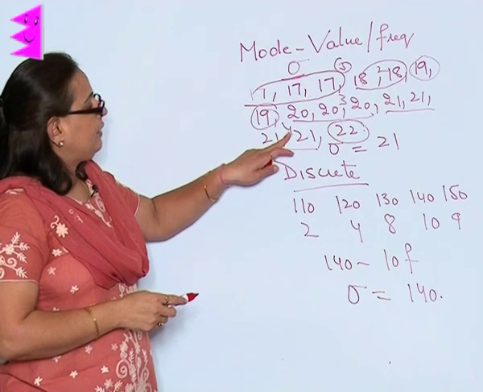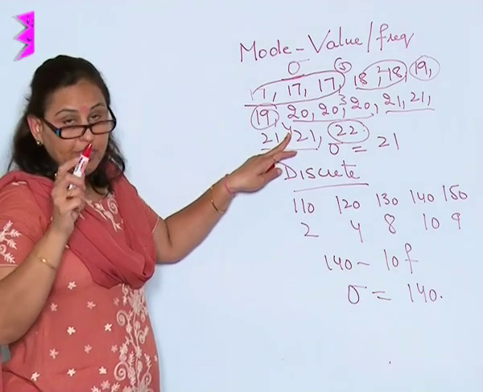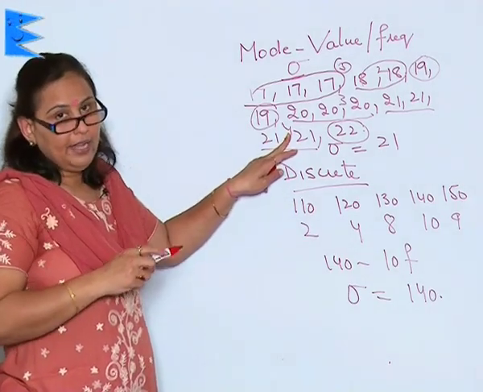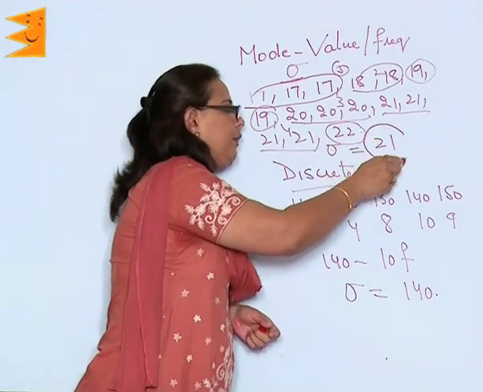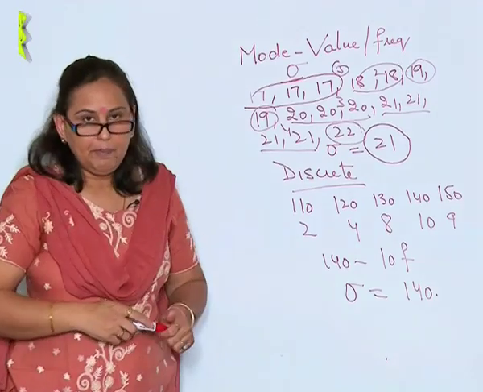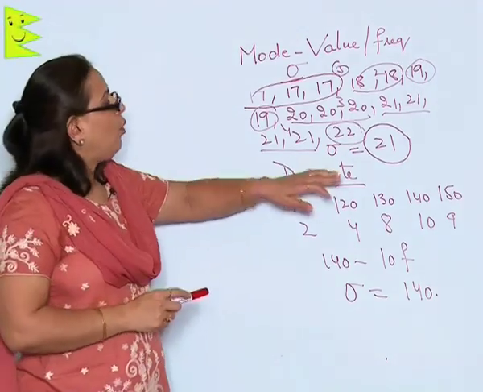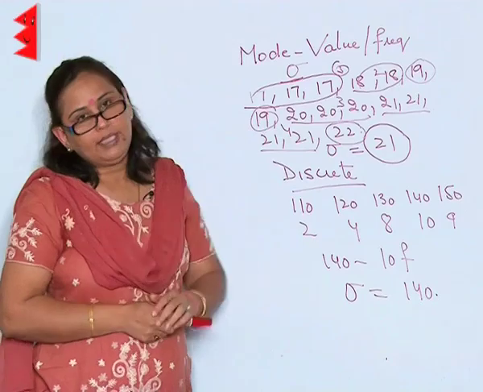That means the value which has occurred more frequently is 21. So the mode shall be 21. That is the simple method of finding out the mode of the individual series.